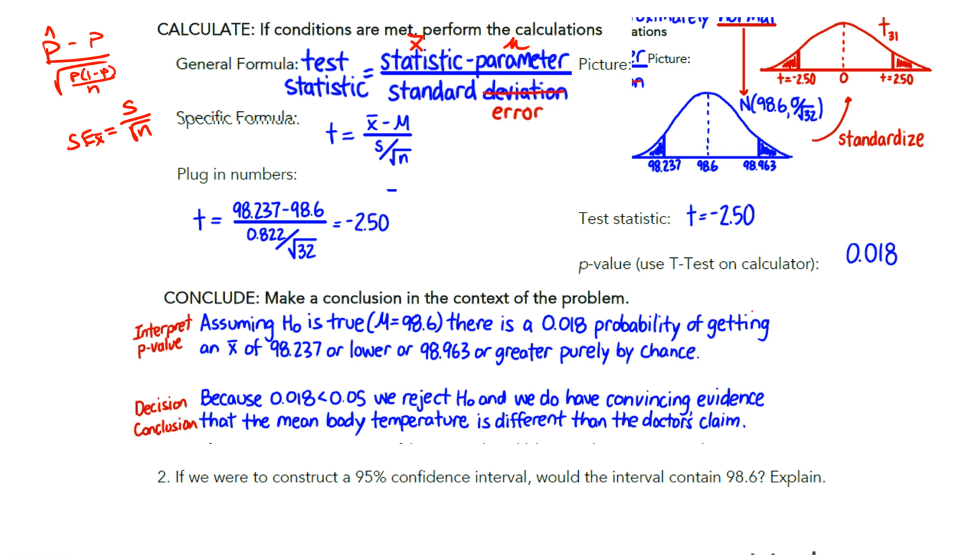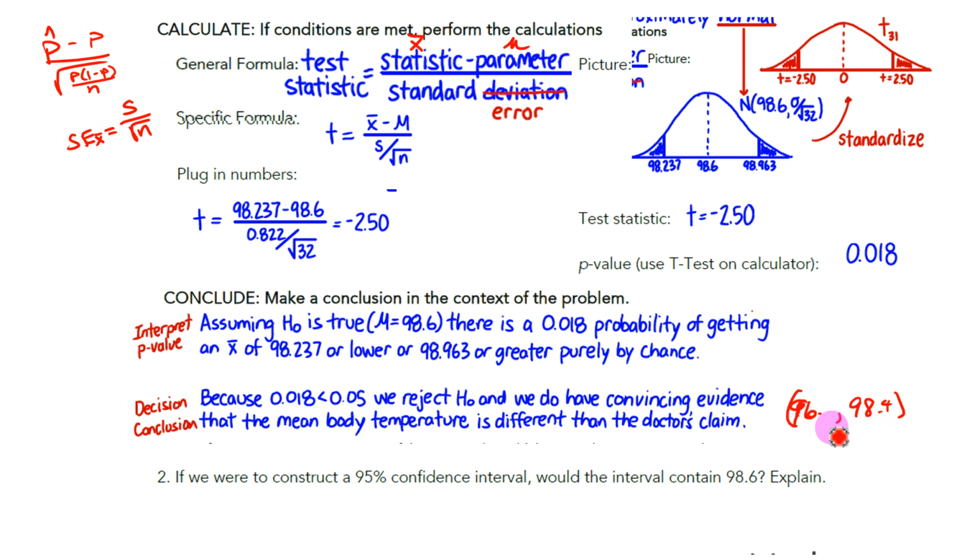So if we were to construct a 95% confidence interval, would the interval contain 98.6? Well, no. The 95% is kind of the equivalent of the 5%. If you create a 95% interval, and I think we did this, it went from like 96 point something to 98.4 or something like that.